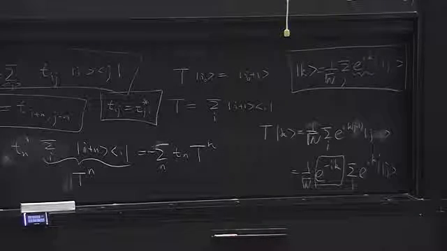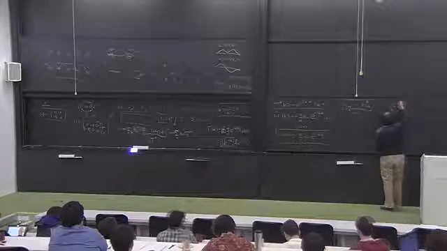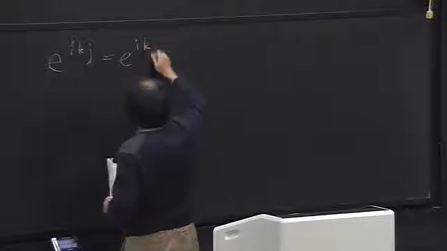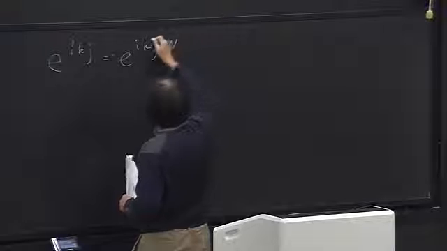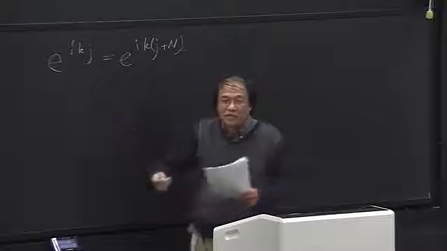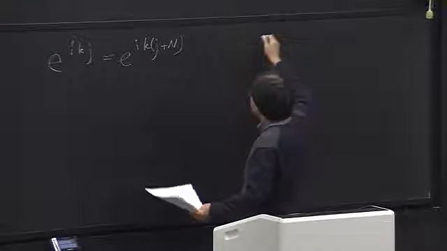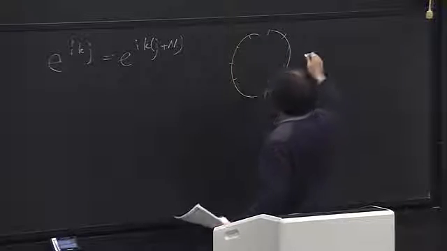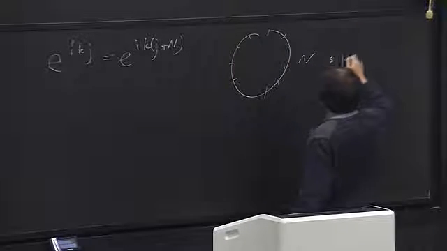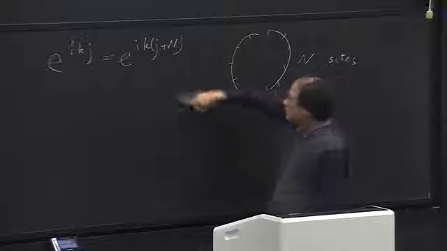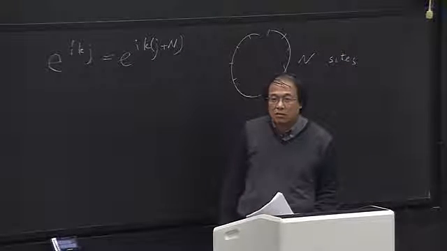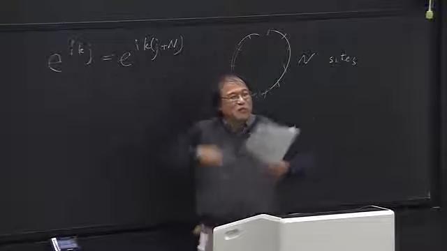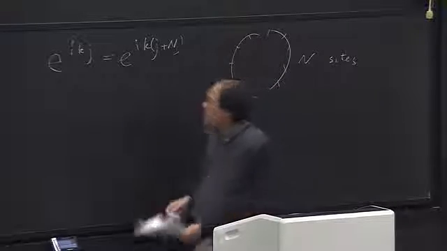So that means we should have this condition: e to the i k j equals e to the i k (j plus n). It should be periodic. If each ring has n sides, then it has to satisfy this condition. Now this is back to the notion of the Brillouin zone and this quantization of the wave vector.